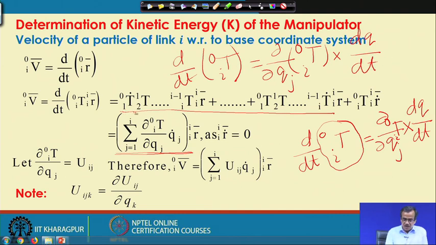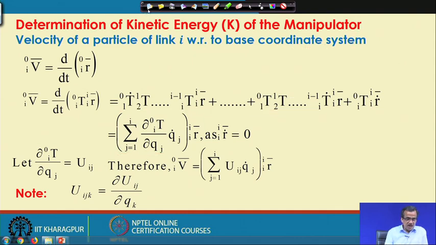So, this particular term has been written in this form, that is the partial derivative with respect to q_j of T_i with respect to 0, and dq/dt is nothing but q_j dot. And we have got this particular thing, that is r_i with respect to i. So, this particular expression can be written in short form like this, and this is nothing but V_i with respect to 0.